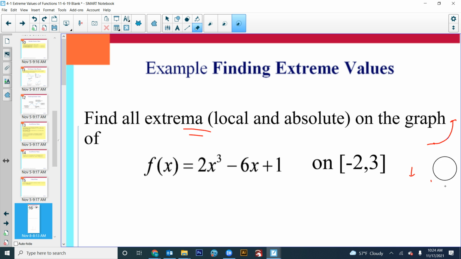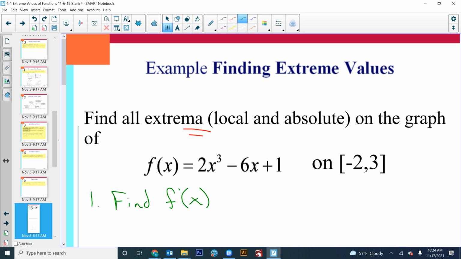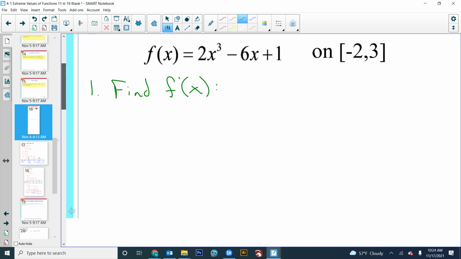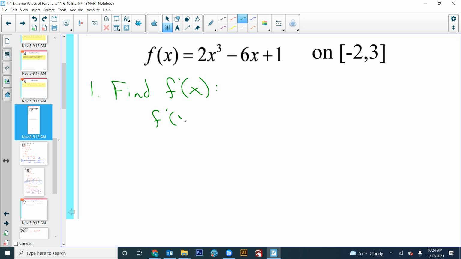It'd be good if we had a process to follow every single time, wouldn't it? Let's do that. Step 1. Find the derivative, f prime of x. F prime of x equals 6x squared minus 6.